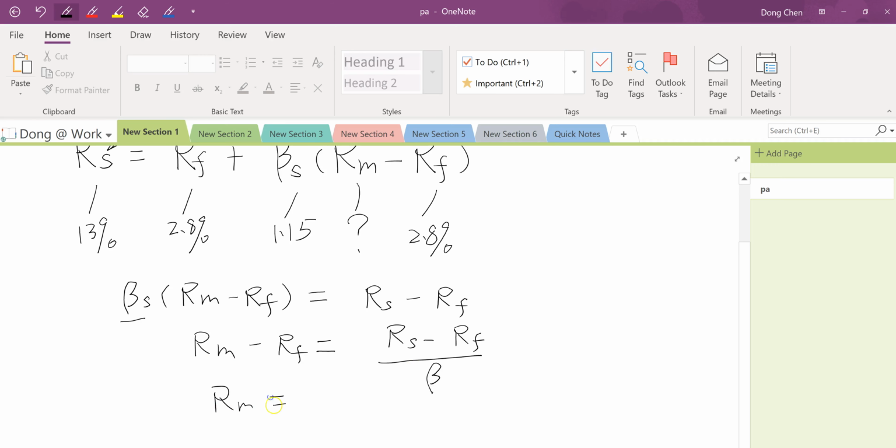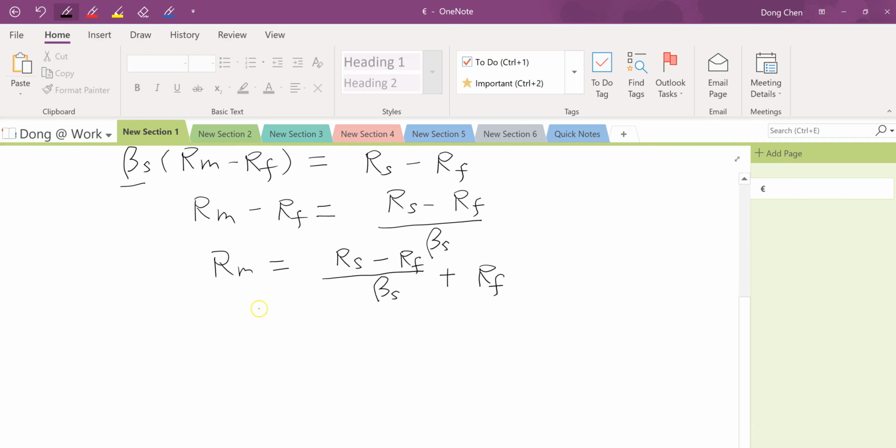Rm equals (Rs minus Rf) over beta S, and moving minus Rf to the other side, hence, it becomes plus Rf. So this is actually beta S. I have to add that beta S, not to be confused with the beta P portfolio. So then you can simply plug in a number.